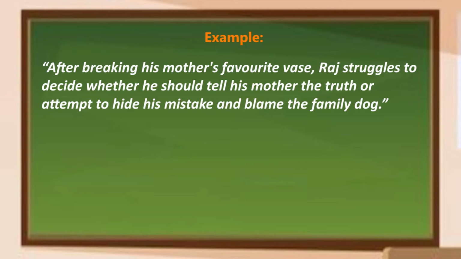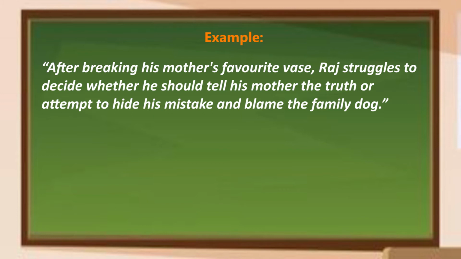Let's look at a few examples. After breaking his mother's favorite vase, Raj struggles to decide whether he should tell his mother the truth or attempt to hide his mistake and blame the family dog. In this example, it is clear that Raj has a difficult decision to make.